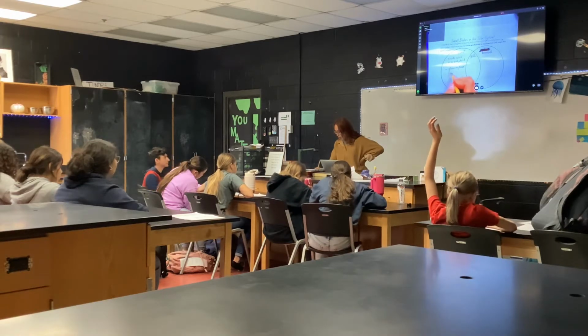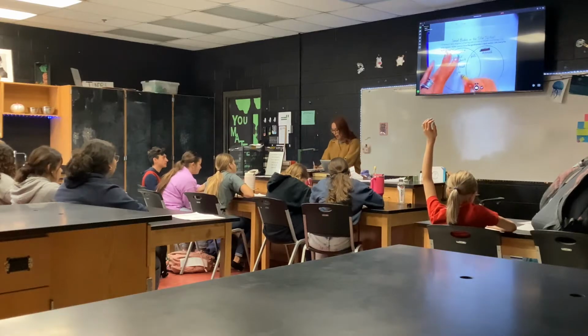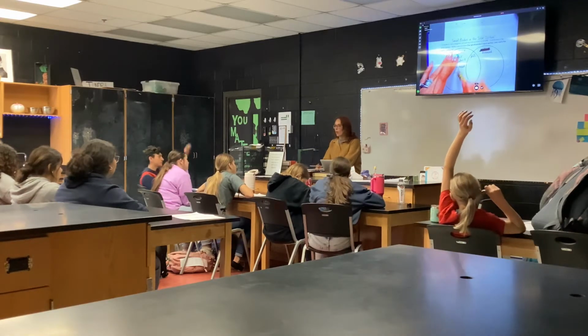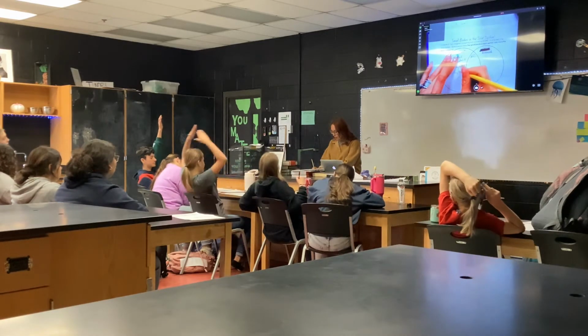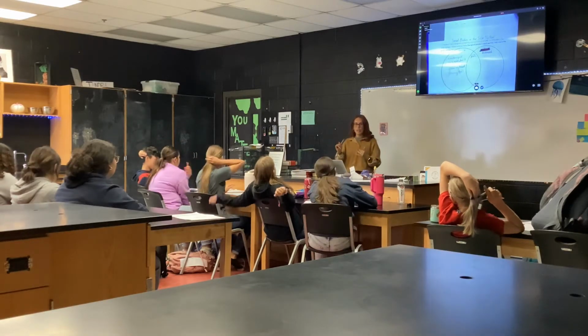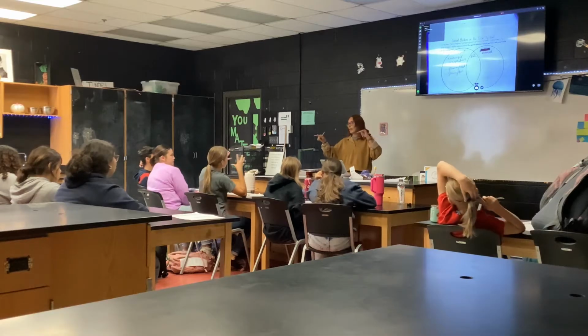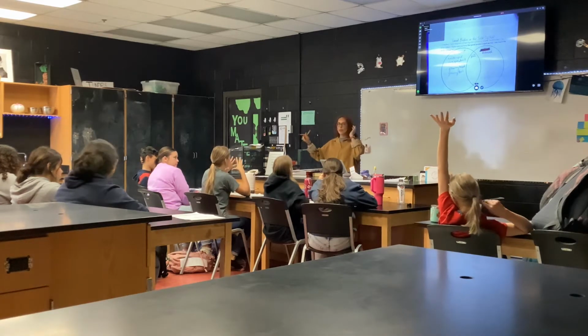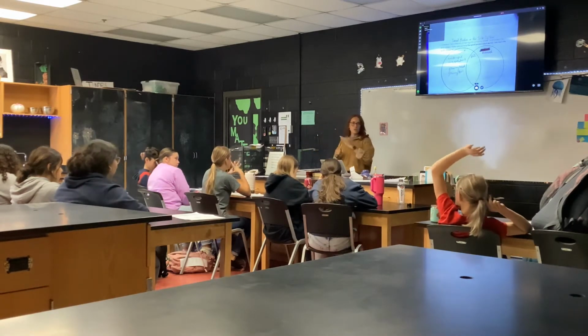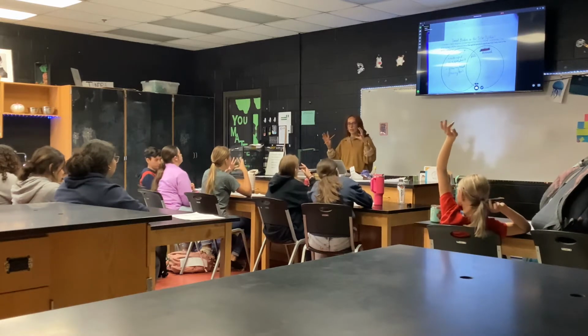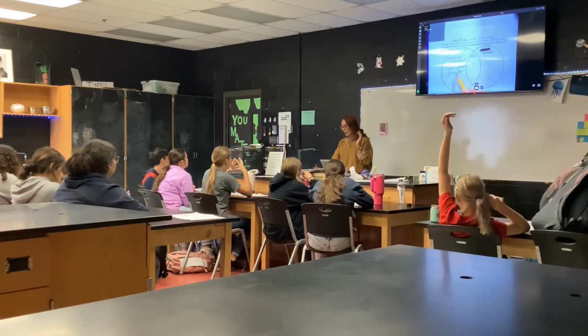What did we talk about with the glowing tail? Why does the comet get a tail? The solar wind. The solar wind, and what makes it sizzle? The solar radiation. Yes, good. So whenever it's orbiting close to the sun, that's what makes it create that glowing head and the glowing tail.